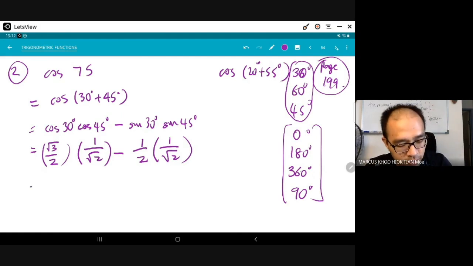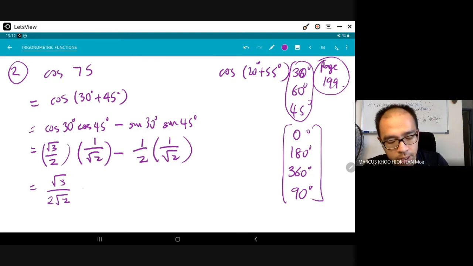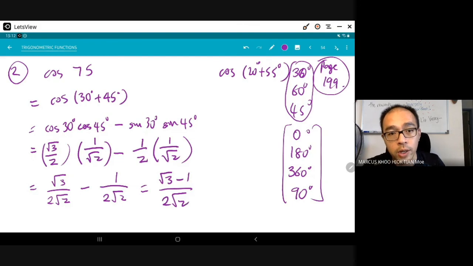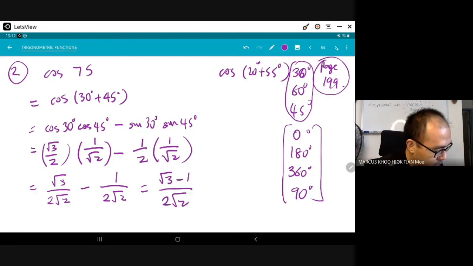So this will give us square root 3 over 2 square root 2, minus 1 over 2 square root 2. When we bring it together, we will get square root 3 minus 1 over 2 square root 2. I don't think there's anything much you can do about this. This is the most simplified.